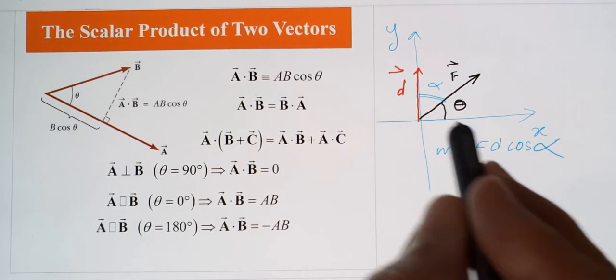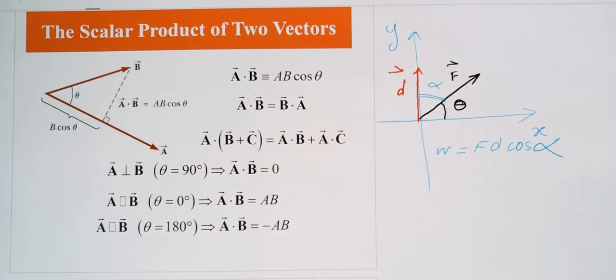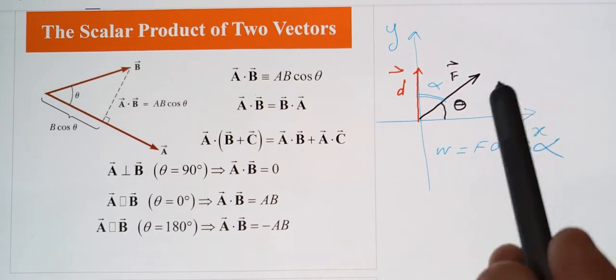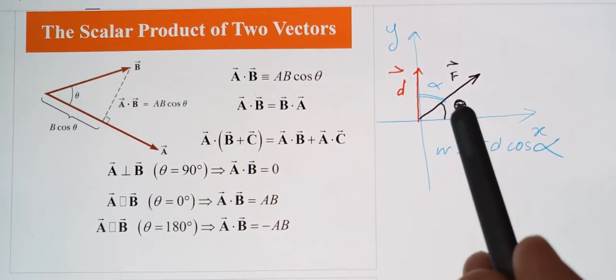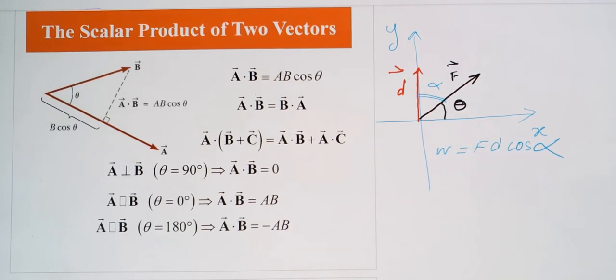And we know that cosine alpha is equal to sine theta. So to stick to one definition, we always consider the angle between the force and the displacement, and we look for the angle that is adjacent to the displacement.